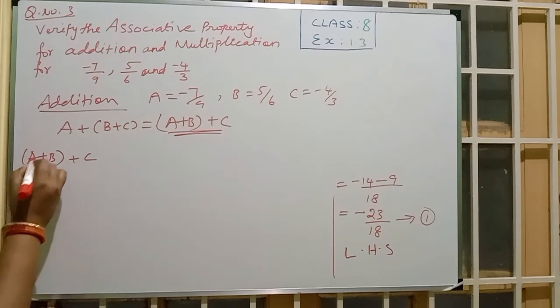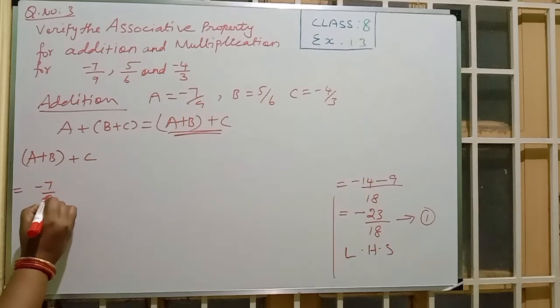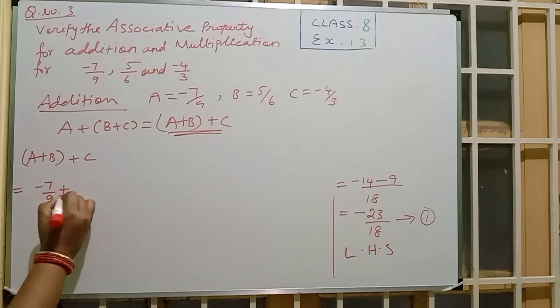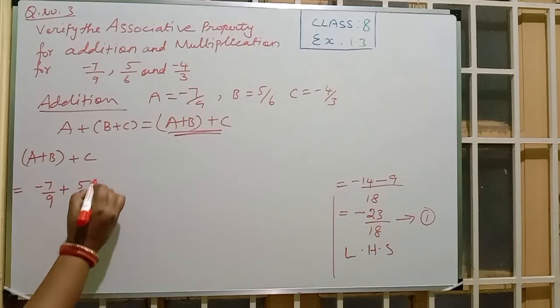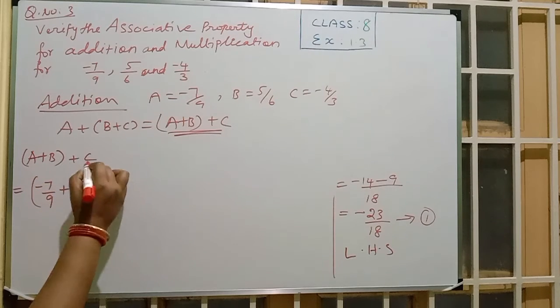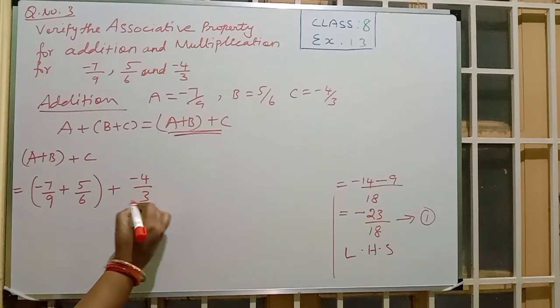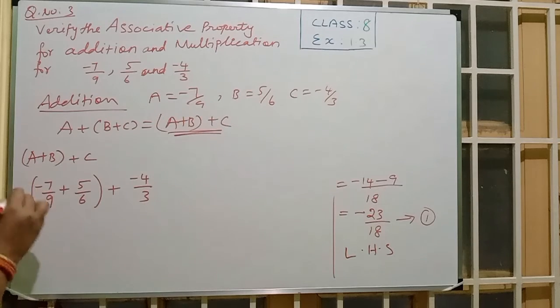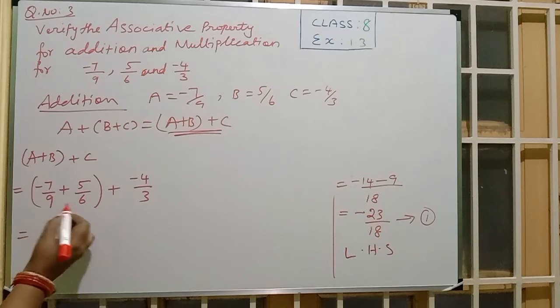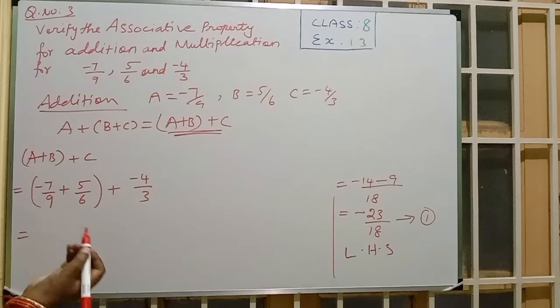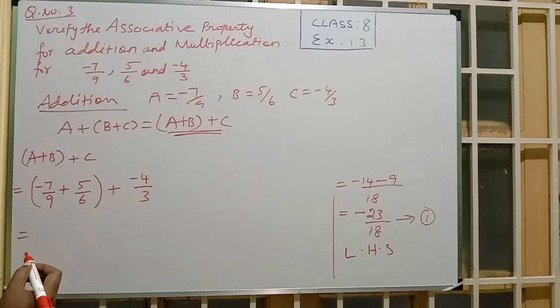Placing the values, A is minus 7 by 9 plus B is 5 by 6, plus C is minus 4 by 3. Now solve the bracket value, 9 and 6. We consider the LCM 18, because 9th table and 6th table give 18.